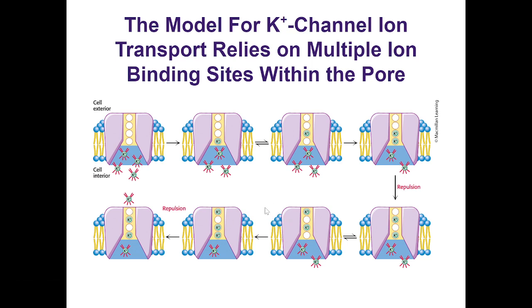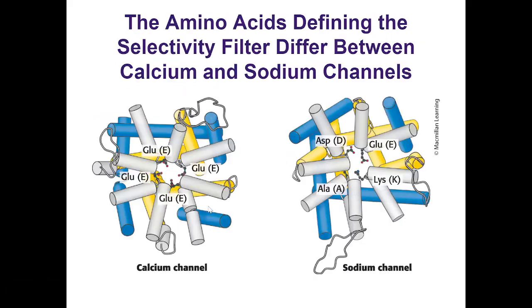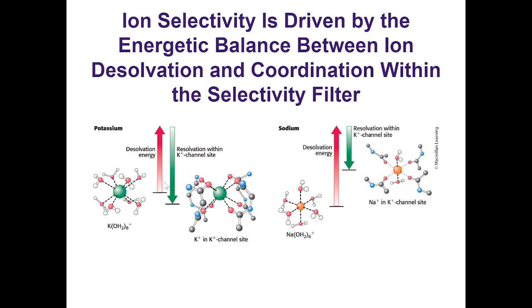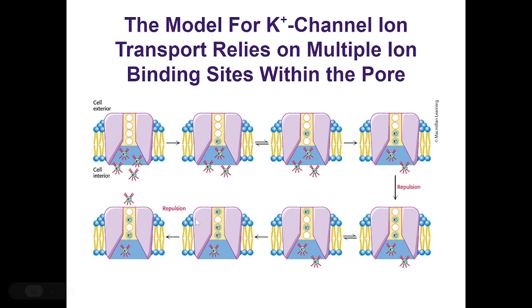What would happen if our binding was too great? The difference in that binding energy that we looked at right here, the dehydration versus the rehydration within the site, if this greatly exceeds the repulsion energy here, this won't move down.